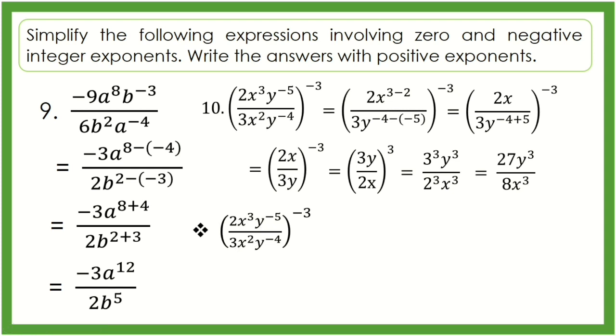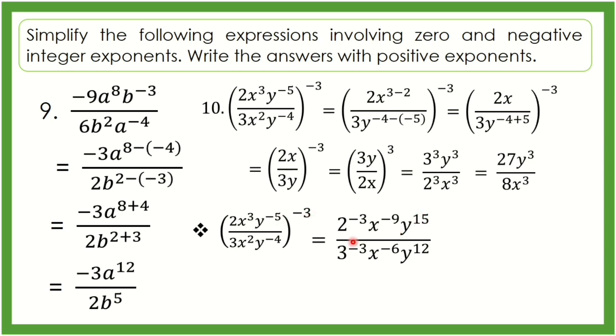Okay, pwede nating i-apply agad yung power of a power. Okay, so 2 raised to negative 3 and then x cubed. So si 3, mumultiply natin kay negative 3, that is negative 9. Y raised to negative 5. So negative 5 times negative 3 is positive 15.